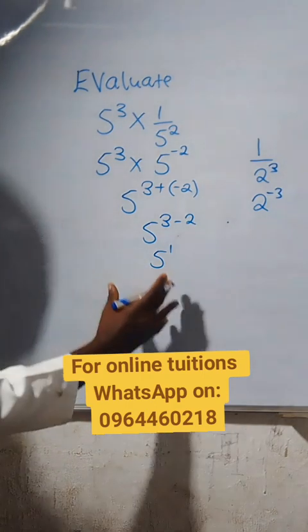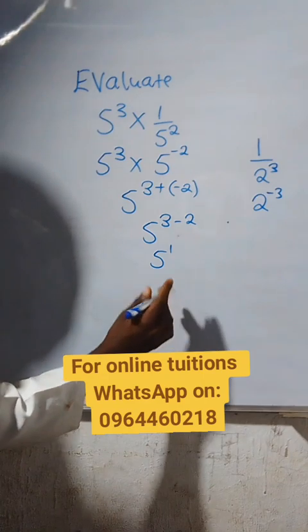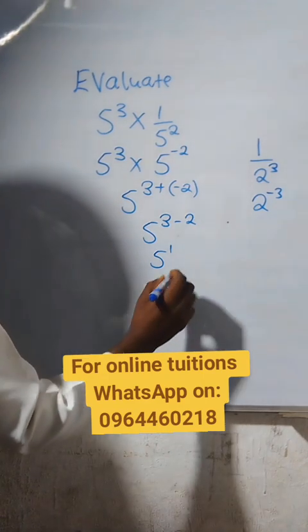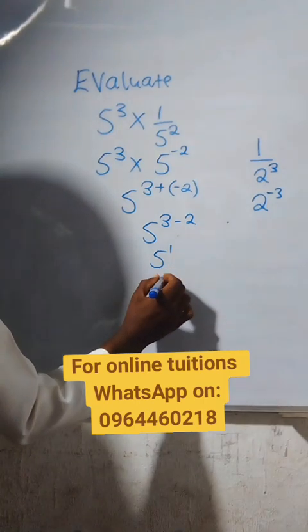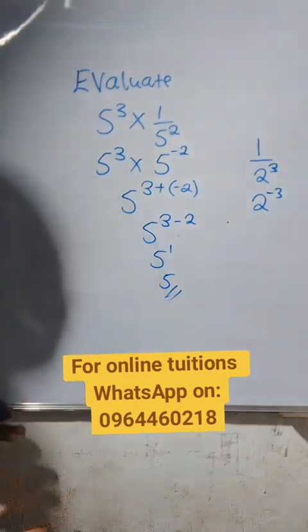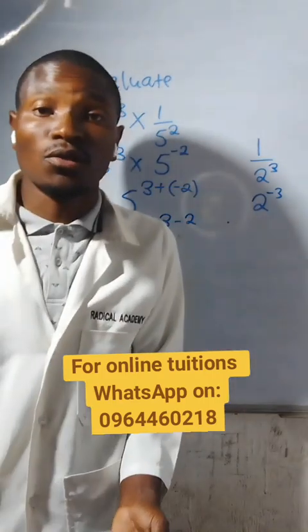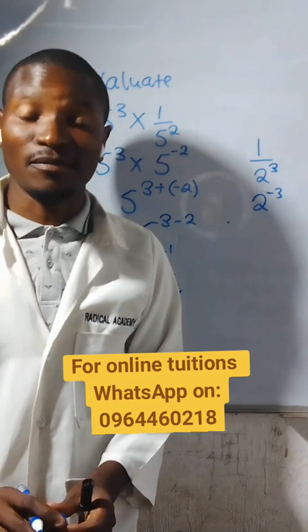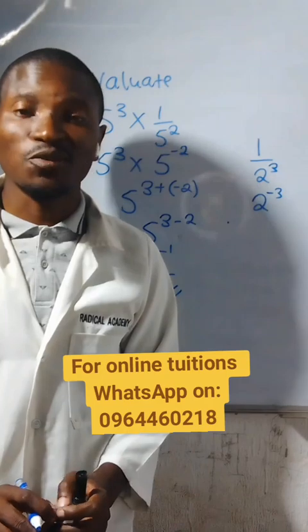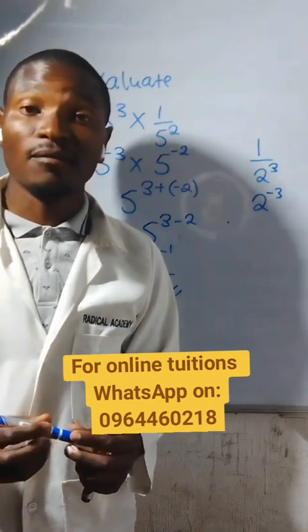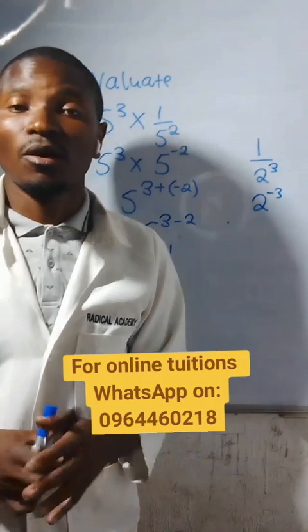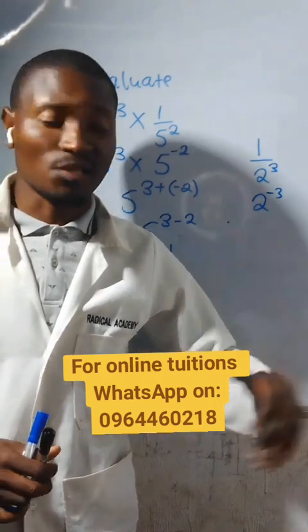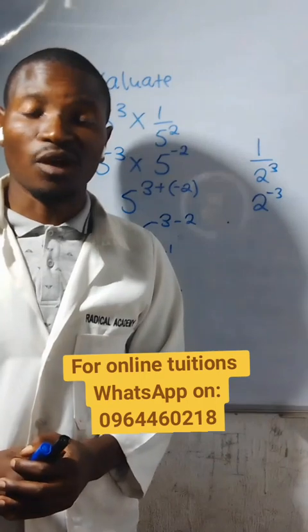Now we know, according to the laws of indices, that any number raised to the power 1 is that number, because 1 is an identity element. The same applies to 0. Any number raised to the power 0, we don't want to have 0, we just want to have 1.